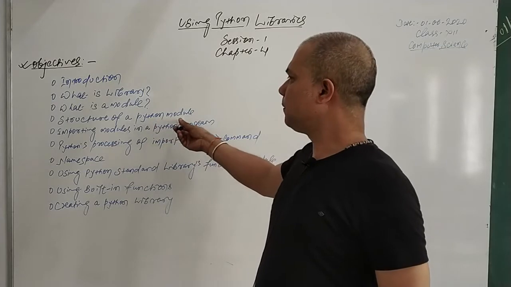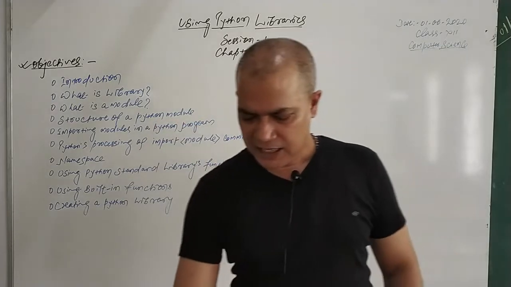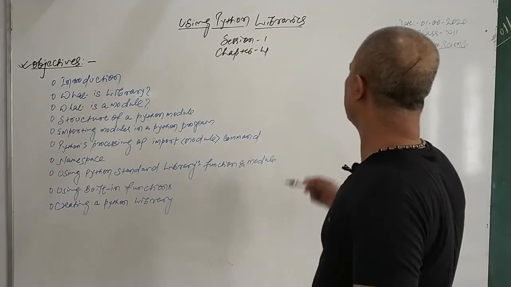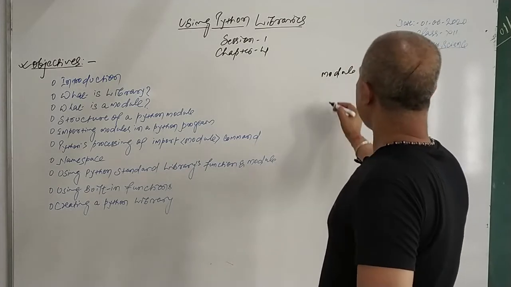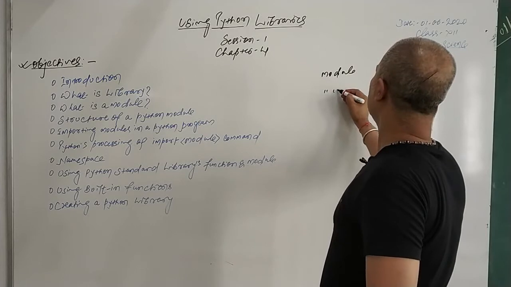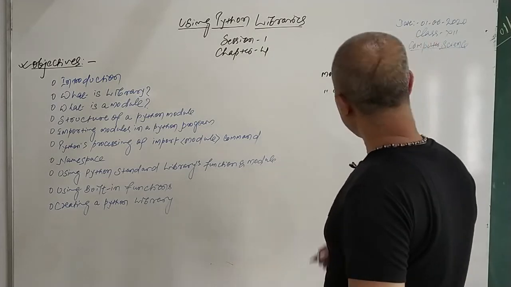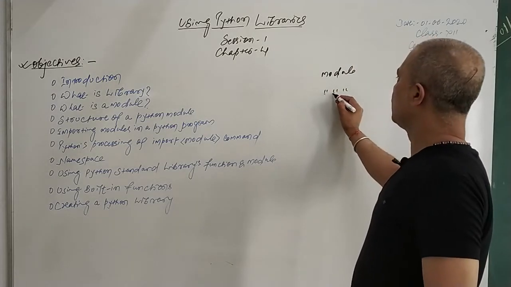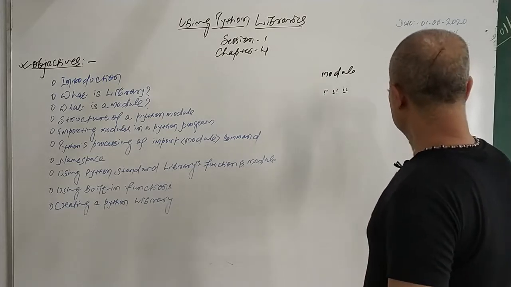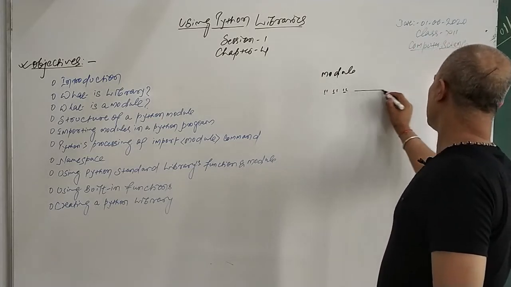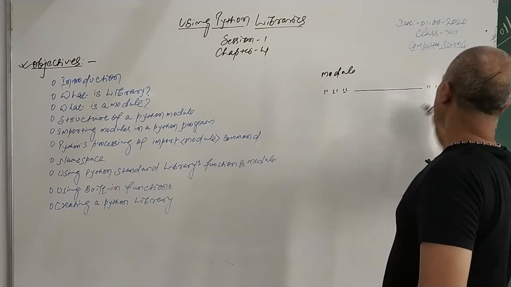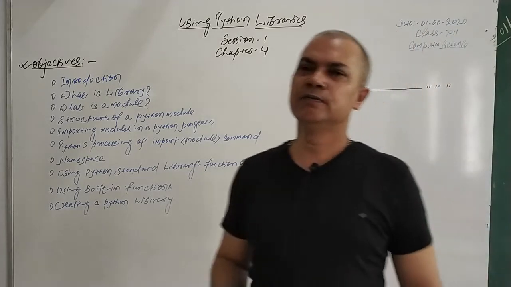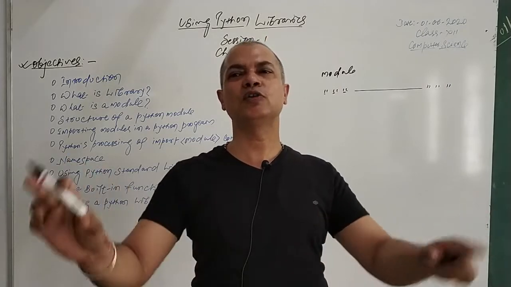Now, the structure of a Python module. If you see the structure of a Python module, every module that you create has something called a docstring, always in triple quotes. Inside the triple quotes you write a string, whatever message you want to write here. It's a documentation string, docstring, which basically helps us to know about that module.